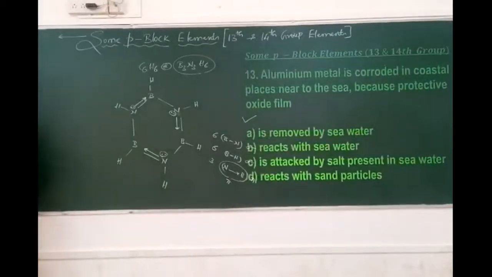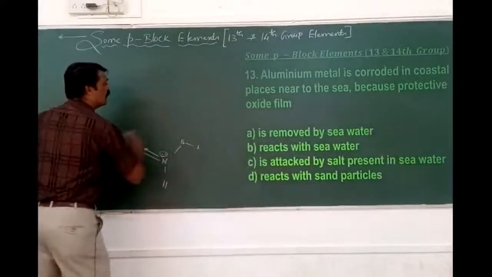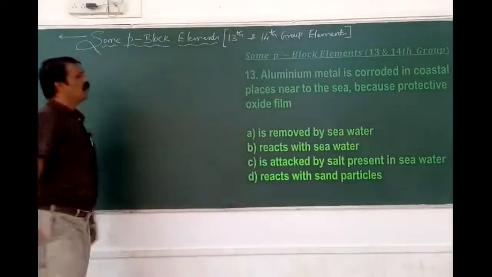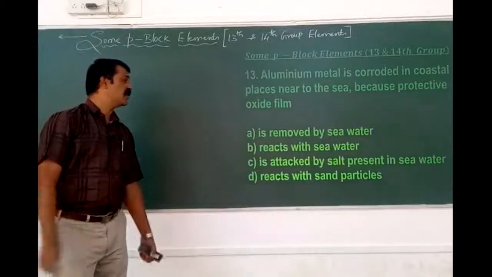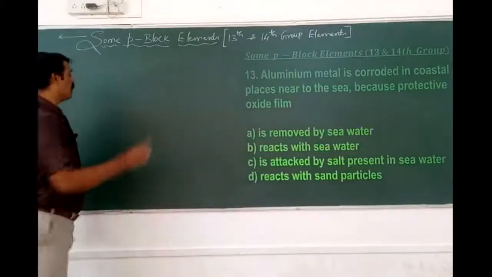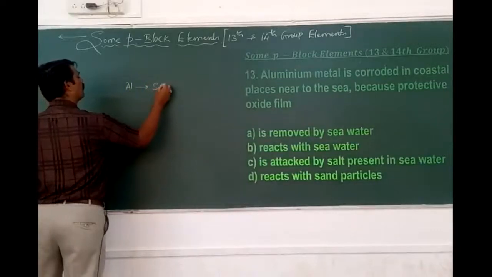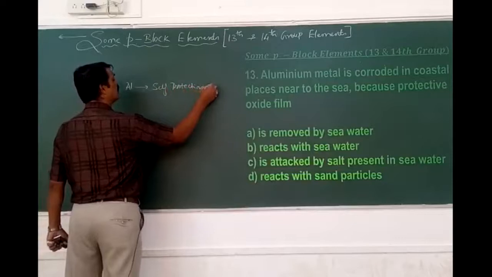Let's move on to the 13th. What's the 13th here? Aluminium metal is corroded in coastal places near to the sea because of the protective oxide film. Usually, aluminium is the best example for a self-protecting metal.